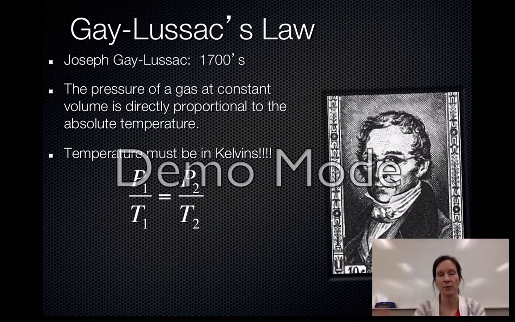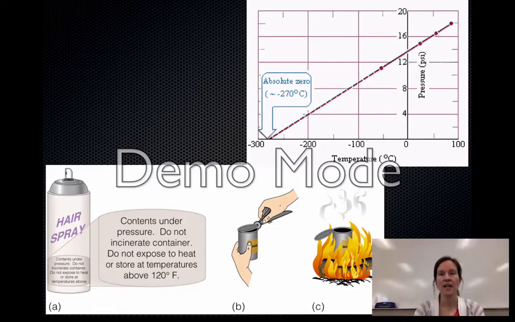If you don't allow the volume of the container to change at all, an increase in temperature in the system will result in an increase of pressure. Again, because of this relationship, they both are directly proportional. As one goes up, the other goes up. Graphically, again, you have a linear relationship, where as one goes up, the other goes up.